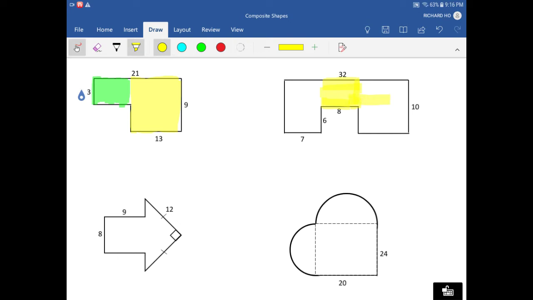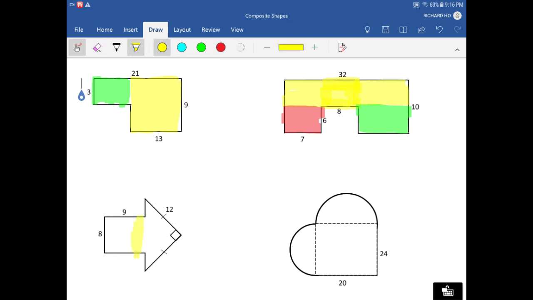Or you could extend this all the way here. So I'm going to do it this way. The other way will work just fine also. So then you'll have this one here, and then you'll have this one here. So in that one you have three different shapes to do.